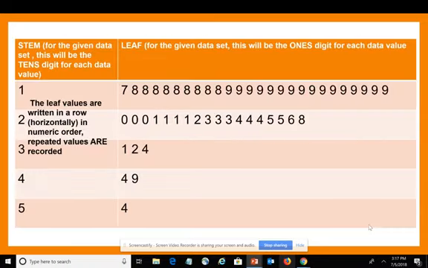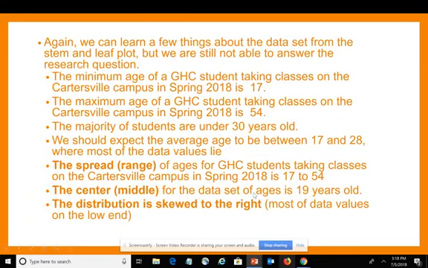If you go back and look, you'll see that most of the data are within the first 2 rows, and so we can say that the majority of them are under 30. We would expect the average age to be between 17 and 28. Again, that's because that's where most of the data lie. The spread or the range goes from 17 to 54.